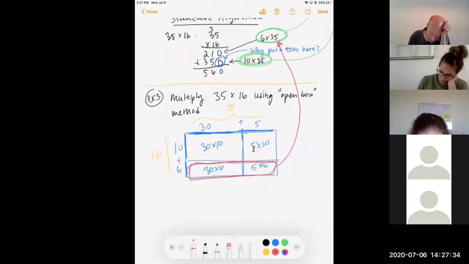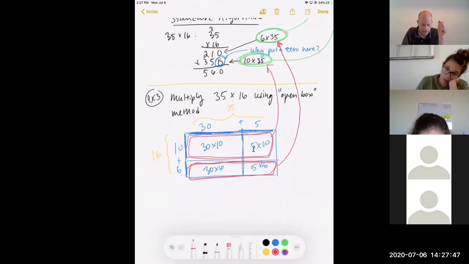If I connect these two together, that'll give me the same calculation as this right here at the bottom row. So each of these individual partial products connect to the partial products, but if you combine a set of two together, then they actually connect back to the standard algorithm.